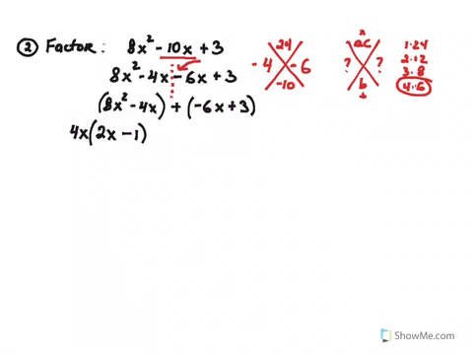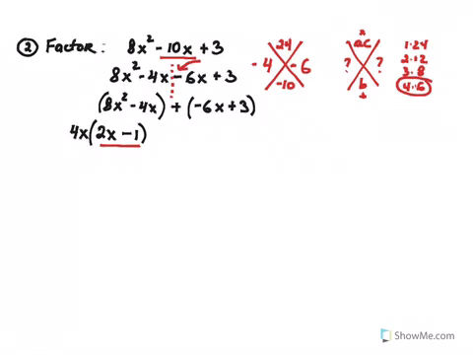Now apply the same process to the second group. The GCF between negative 6x and positive 3, what is it? Notice that you could factor out 3 or negative 3. You need to choose the option that will ensure that the remaining factor after that step will look exactly like 2x minus 1, because that's the only way to continue factoring this expression.